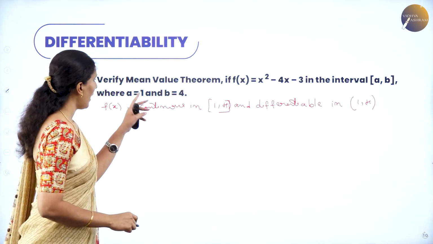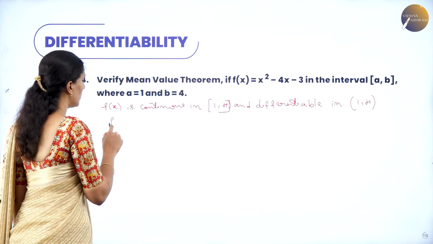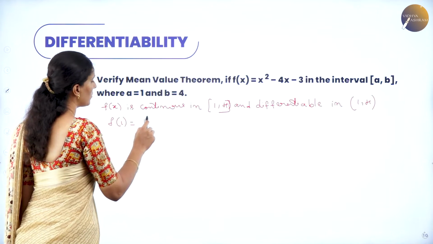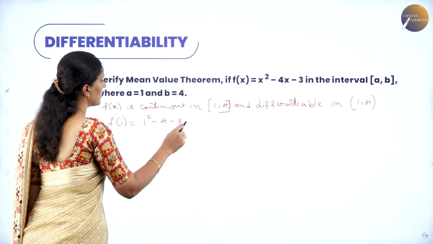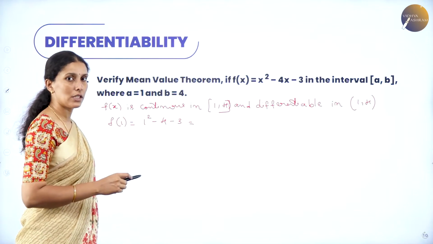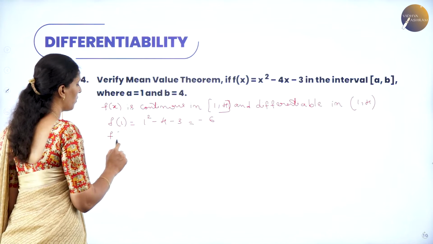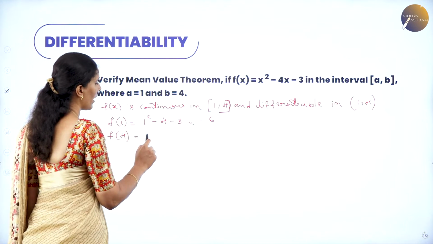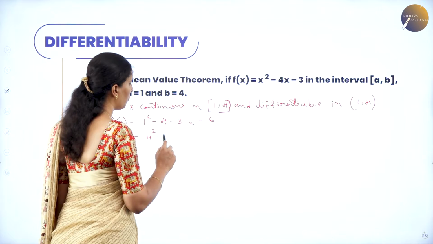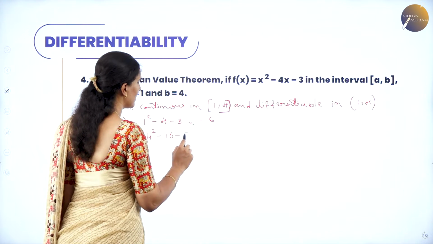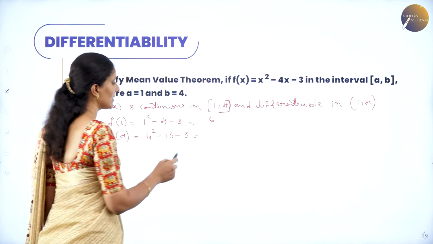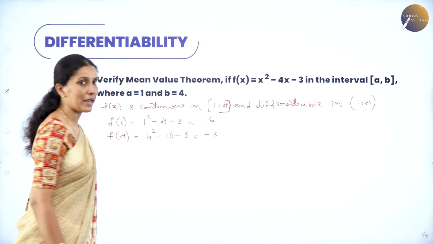Now let's find out f of 1 and f of 4. So f of 1 is 1 square minus 4 minus 3. So here 1 minus 4 is minus 3, minus 3 is minus 6. Next f of 4, so 4 square minus 4 4s are 16, again minus 3. So 16 minus 16 is 0, 0 minus 3 is minus 3.